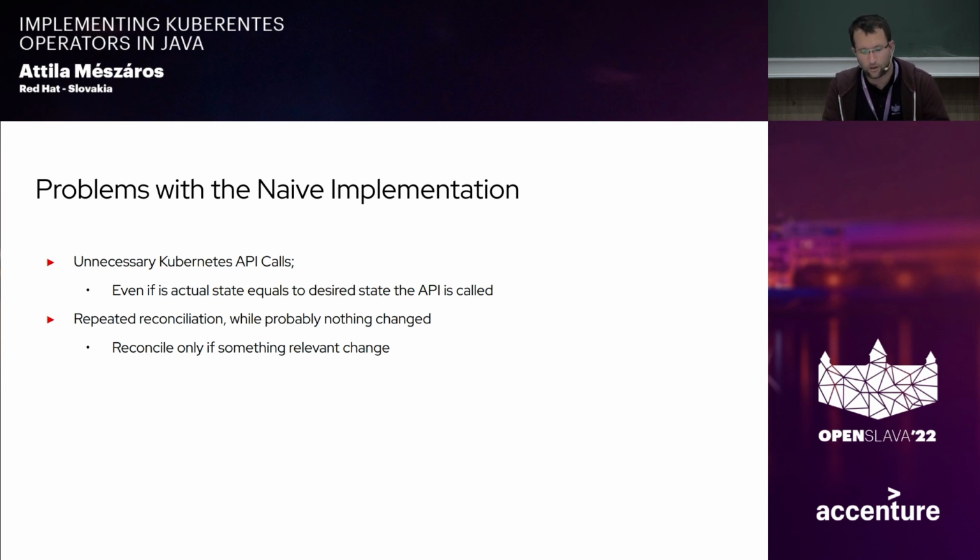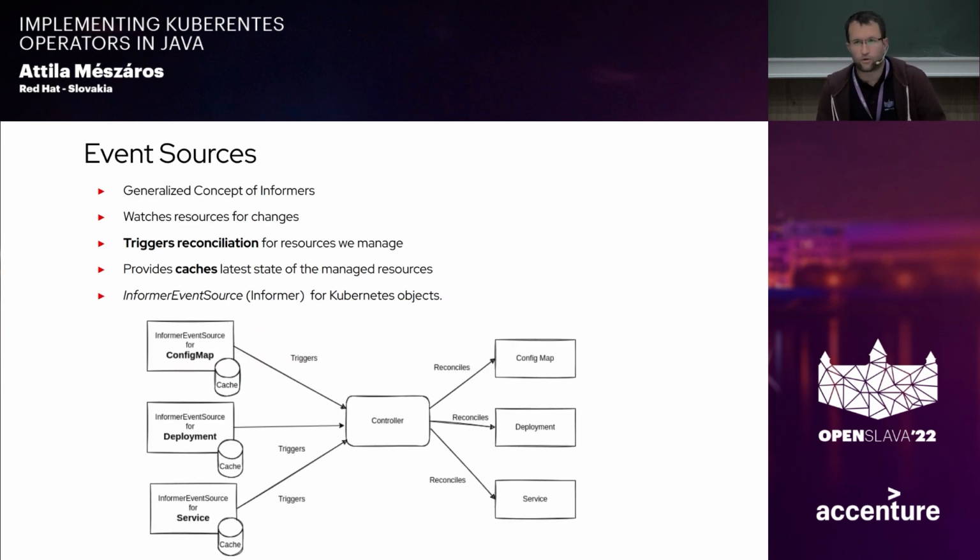So how to implement it with this correct behavior? That means we don't do API calls if it's not necessary, and we don't reconcile if it's not necessary. For that, we have to introduce a notion called event sources, or if you know informers in Kubernetes, it's basically the informer event source in Java Operator SDK for Kubernetes objects. And it will do two things.